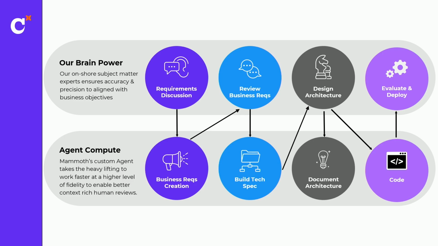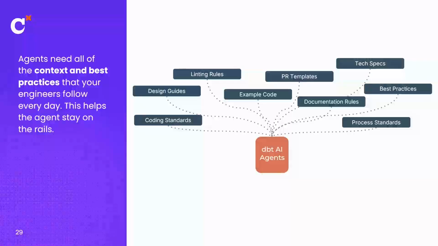And so this snowball effect from gathering requirements all the way into this code execution, that's all just about gathering the right context. And so this is where we started to see the agents stay on the rails, as we call it, where it's actually starting to perform exactly how we expect. So now all of our agents from day one have our design guides, our documentation rules, our linting rules, our PR templates, all of our coding standards for how our engineers write code baked into it from day one.